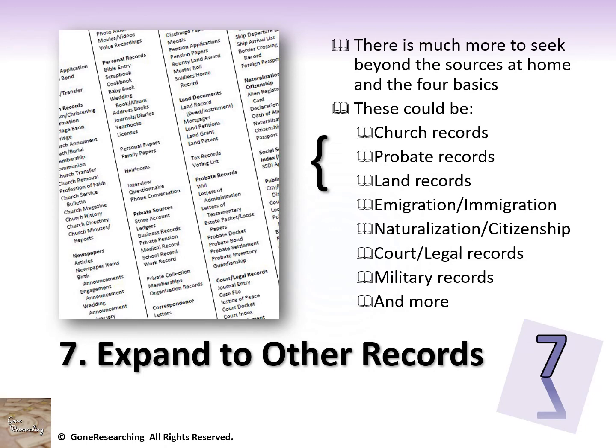They could be church records, probate records, land records, emigration and immigration records, which are departing and entering a locality, naturalization and citizenship records, court and legal records, military records, and more.